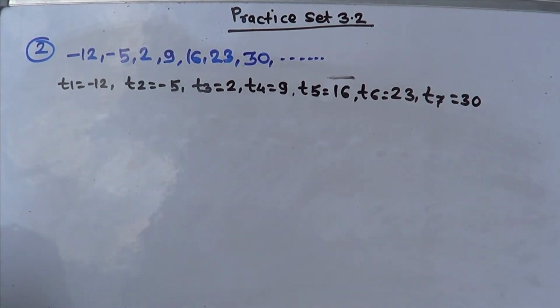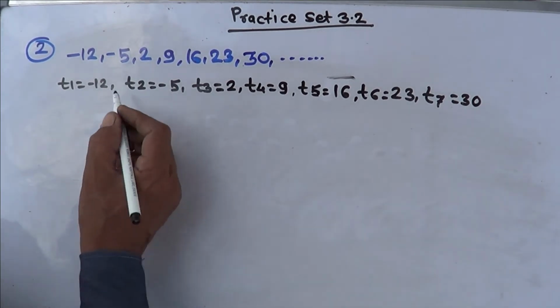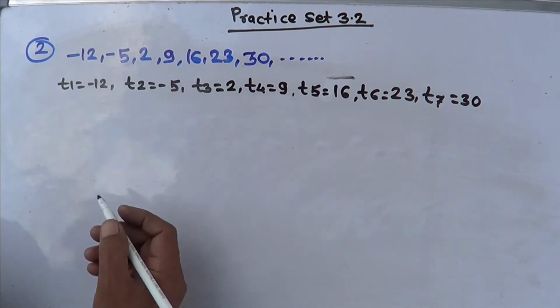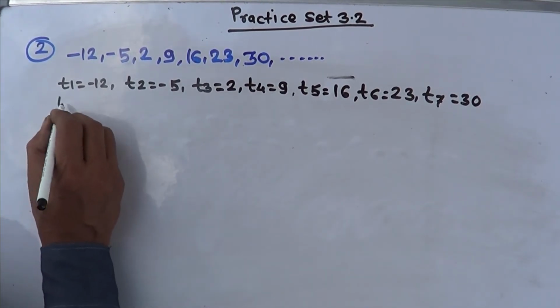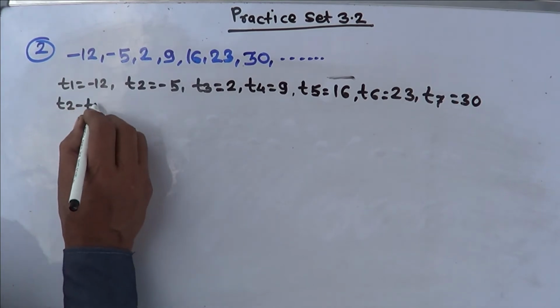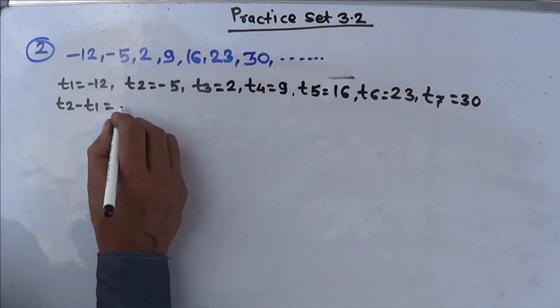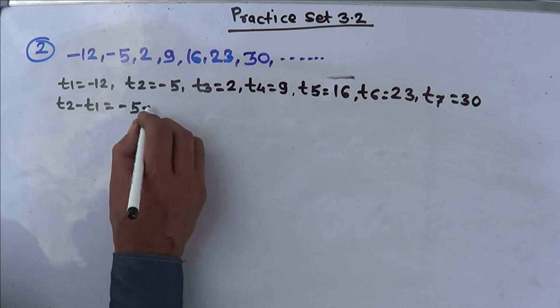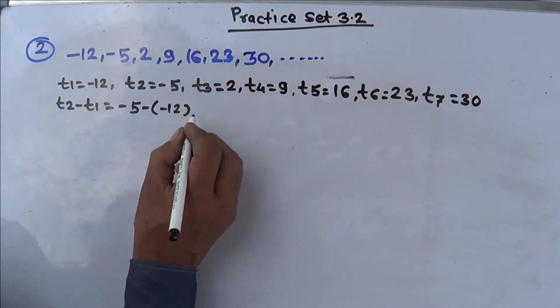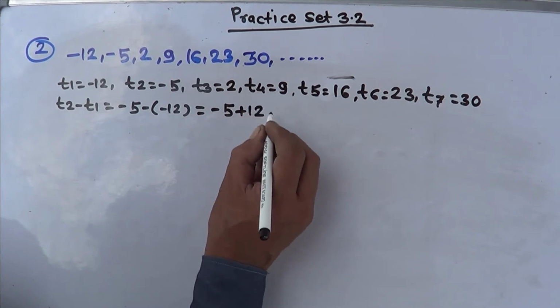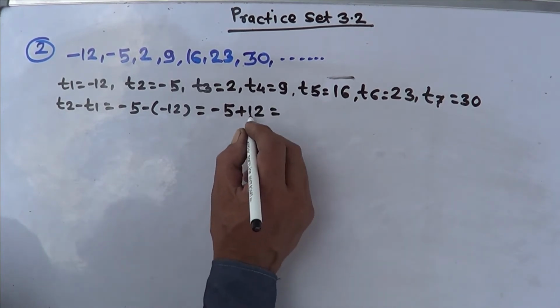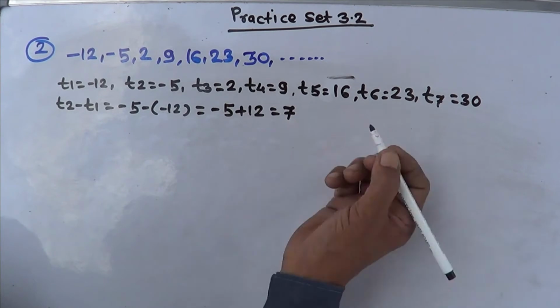Then we will find the difference between two consecutive terms, that is T2 minus T1, then T3 minus T2, T4 minus T3. So we will find first T2 minus T1, which is equal to -5 minus -12, and we will get -5 plus 12, and the difference between 12 and 5 will be equal to 7.